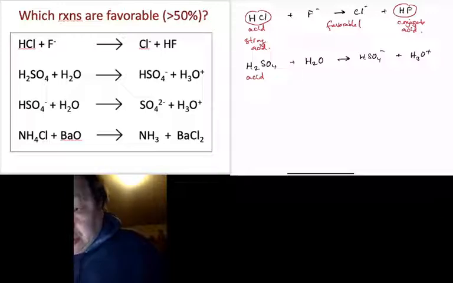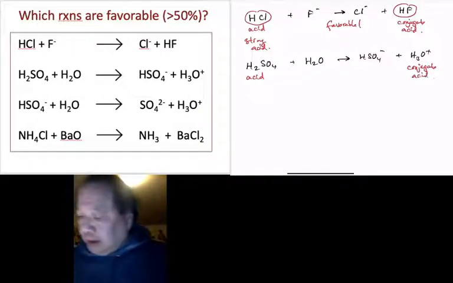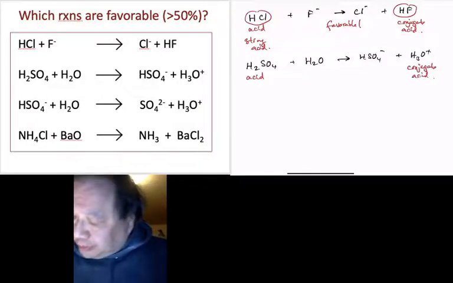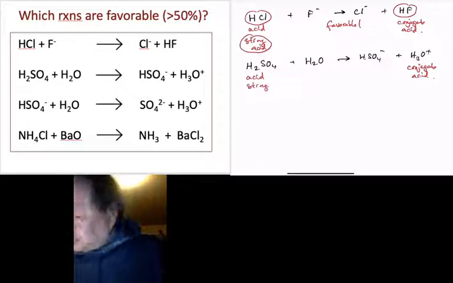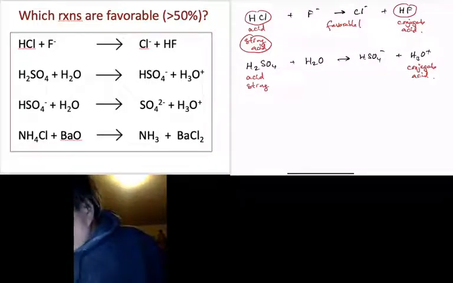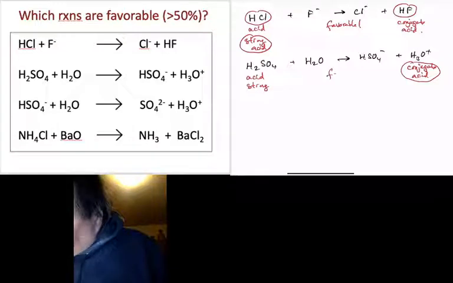And the conjugate acid is H3O plus. And so, yes, again, this is a strong acid. H2SO4 is one of the strong acids. It is therefore stronger than H3O plus, and therefore, again, it is favorable.